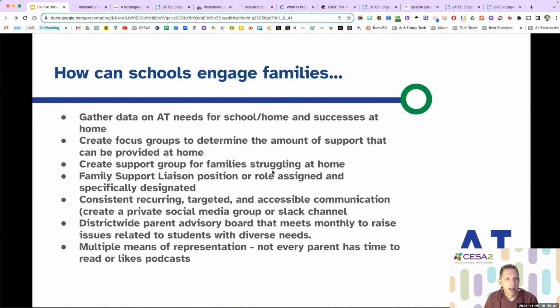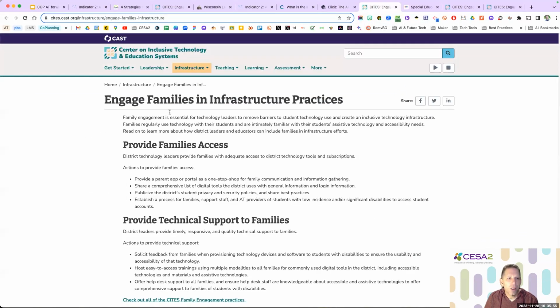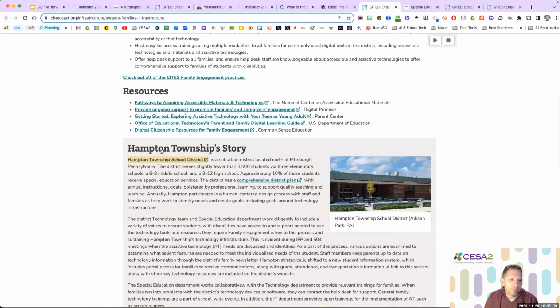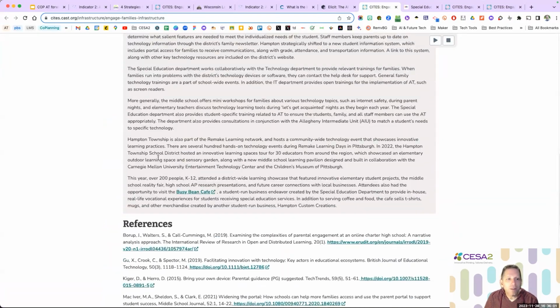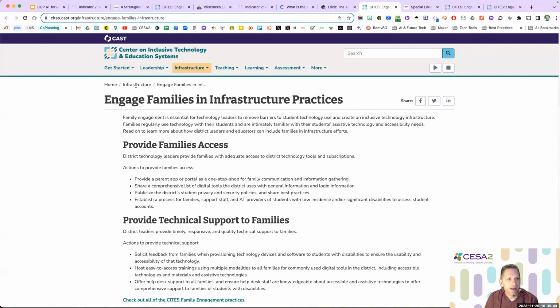So going back to how we engage families, or what some strategies are to engage families, according to the site's website, there is a huge multi-page resource on how to engage families in leadership, infrastructure, teaching, learning, and assessment.